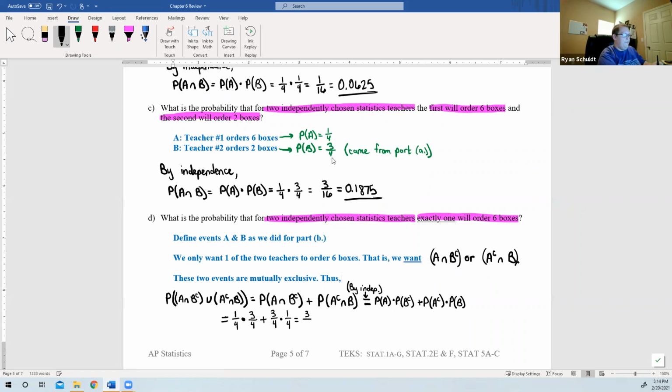That's going to equal 3/16 plus 3/16, which is 6/16. Now, if we reduce that, we get 3/8, which is, as a decimal, 0.375. There we go.